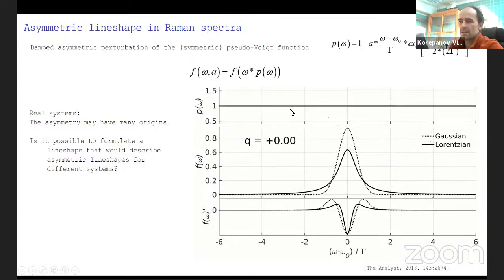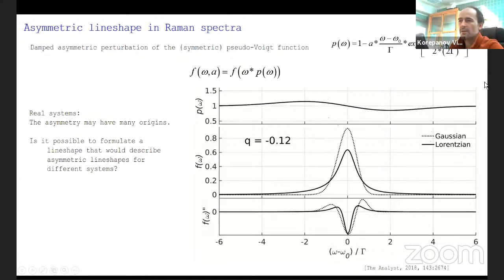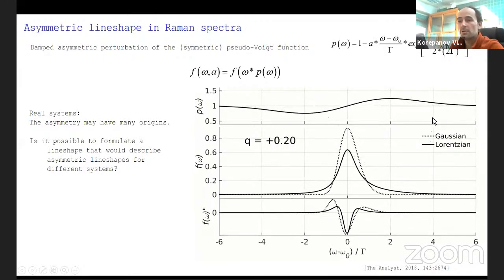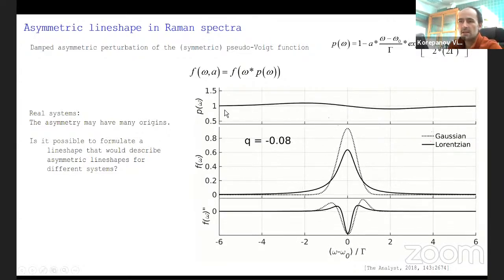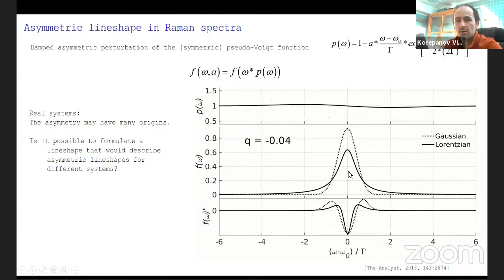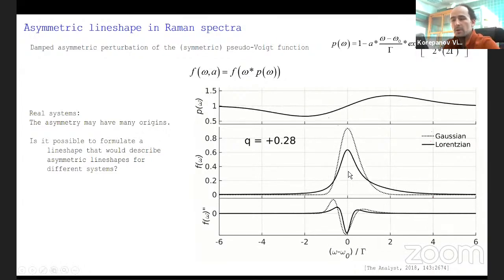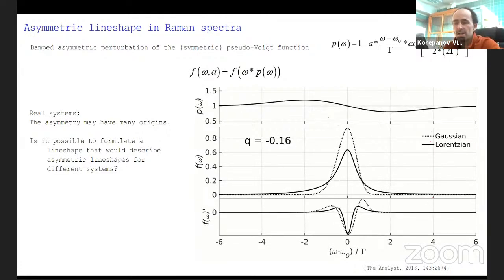Damped here means that it converges to zero on the tails, and it is very important because if it does not converge to zero, then the integral of your line would be diverging, and it is actually a common problem of many approaches that they give diverging integral.